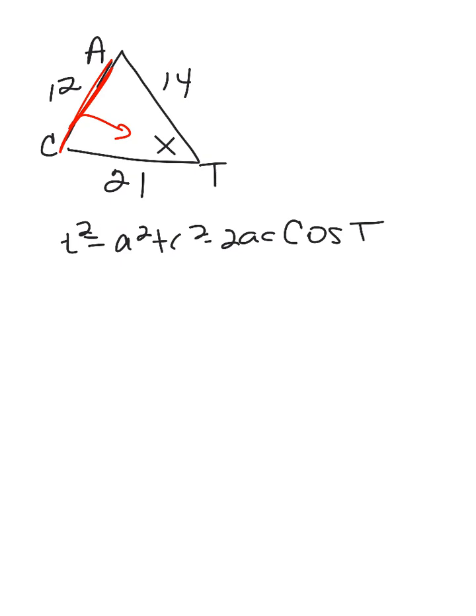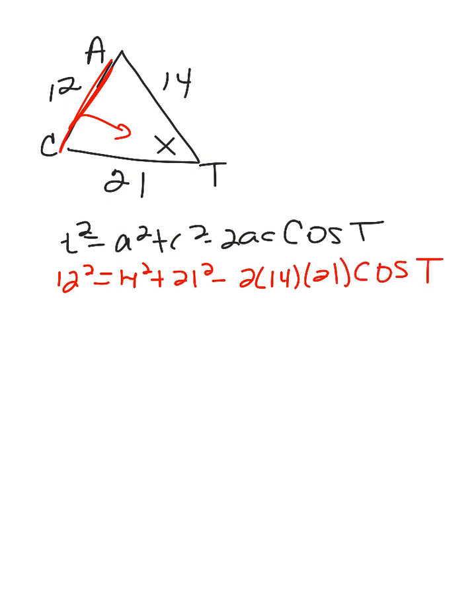So I have 12 squared equals 14 squared plus 21 squared minus 2 times 14 times 21, and we have cosine of angle t. So 12 squared is 144 equals, you cannot plug this all in at one time because of the cosine of t. So what you can plug in is 14 squared plus 21 squared, and that's 637 minus, and then you can plug this part in, which is 588 cosine of t.